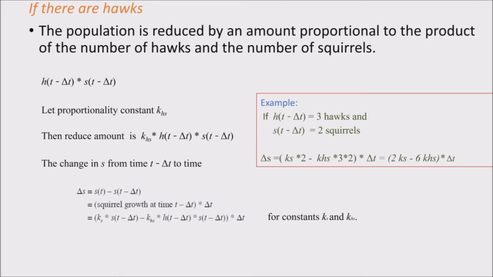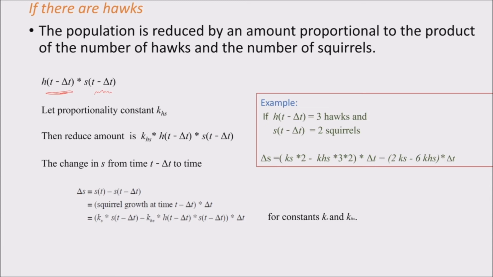If you have more hawks, so instead of one hawk there are two or three or four, the number of squirrels attacked is high. That means the hawk population also matters to the death of the squirrels. So that's the conclusion here.